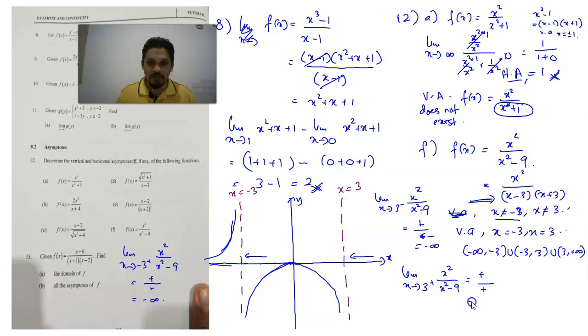So positive divided by positive, positive infinity. Then the graph is moving up. So this is the graph of x squared divided by x squared minus 9.